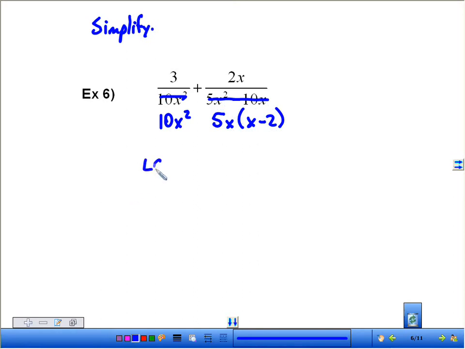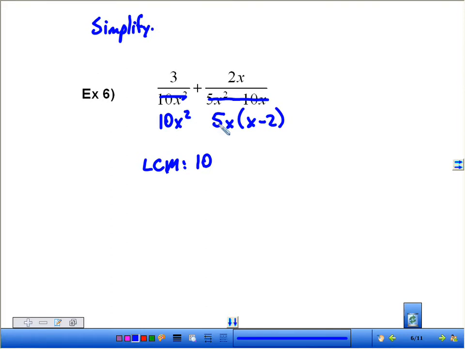So let's see what the LCM is going to be. I need one of each kind of factor. Here's a 10. Here's a 5. If we were doing this with a regular fraction, you would know that we need just the 10 and not the 5, because isn't 10 5 times 2? So if it's a multiple of 5, we only need the 10.